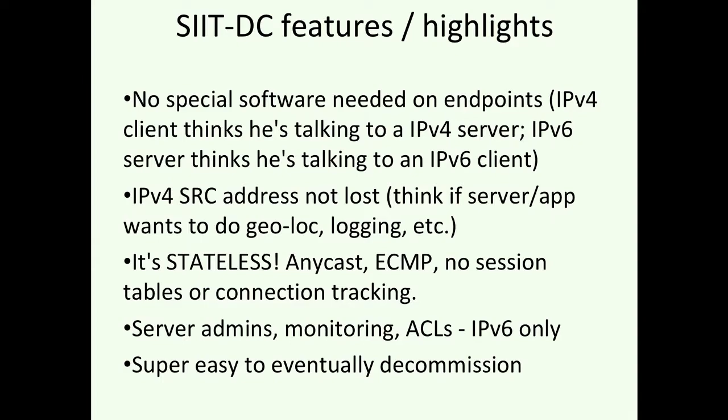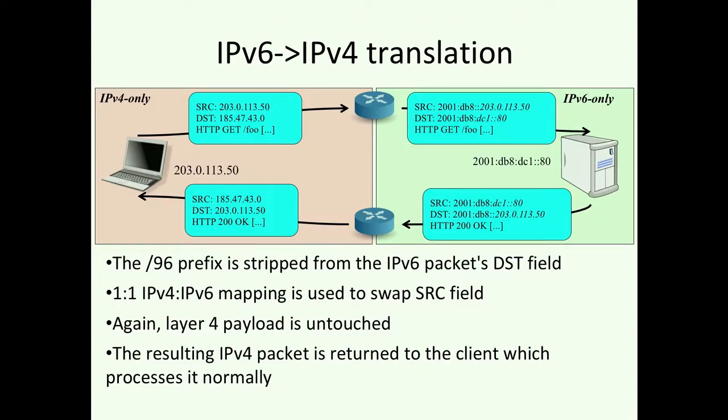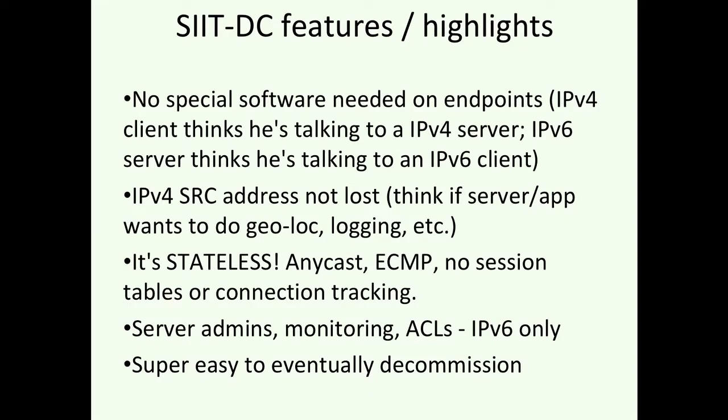It's really that simple. And it allows us to run v6 only in the data center, because we can put these border relays out on the edge of our data center and have all the v4 stuff stop there. But a nice feature of this, which you don't necessarily get with regular stateful v4 NAT, is the fact that the original source address of the client is actually maintained. That information is not lost.